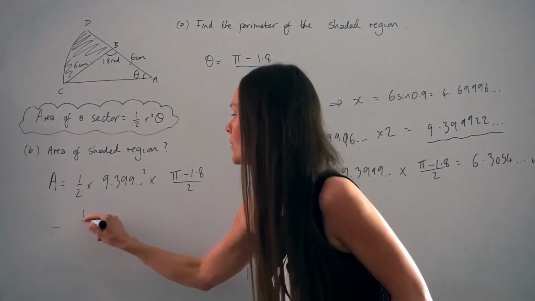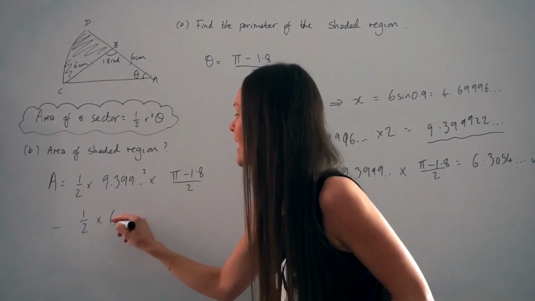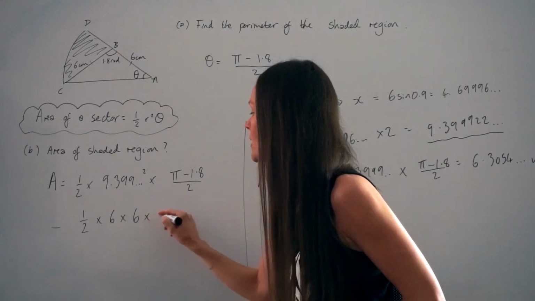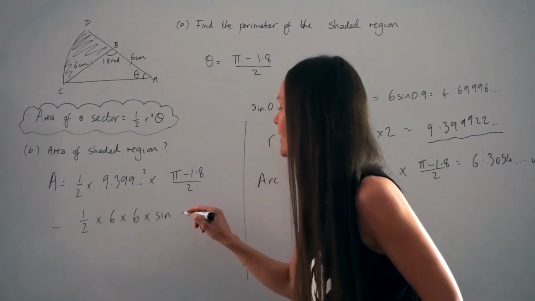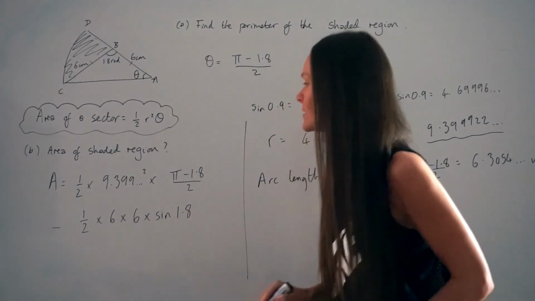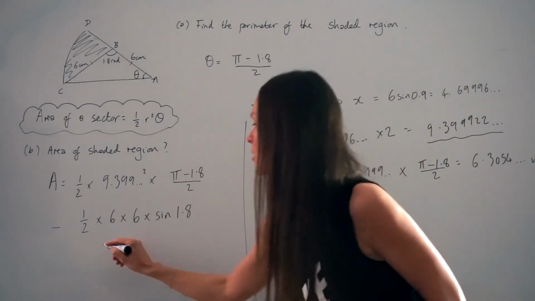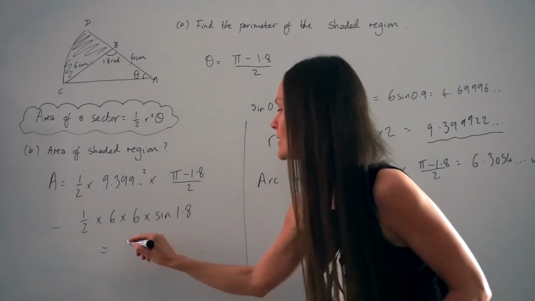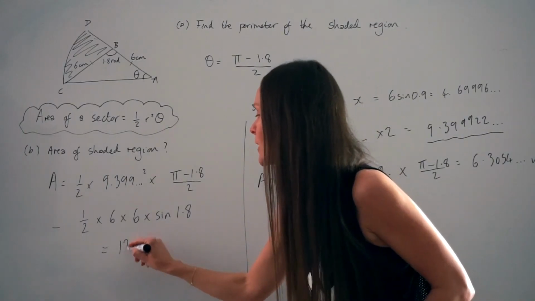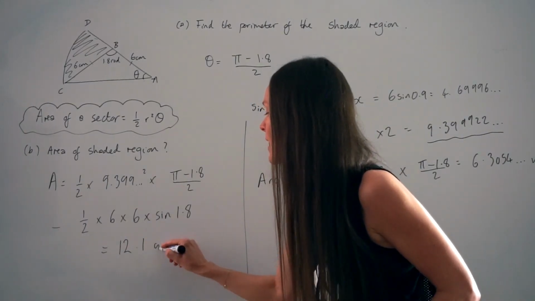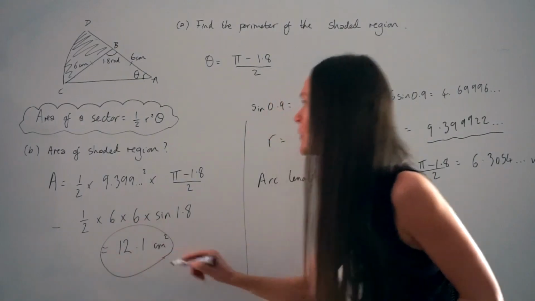So it's a half multiplied by A, multiplied by B, multiplied by sine of the angle in between, so 1.8. Okay, so when you subtract the area of the triangle from the sector, you should find, when you round to 3 significant figures, you get 12.1. Okay, so that is the area of the shaded region.